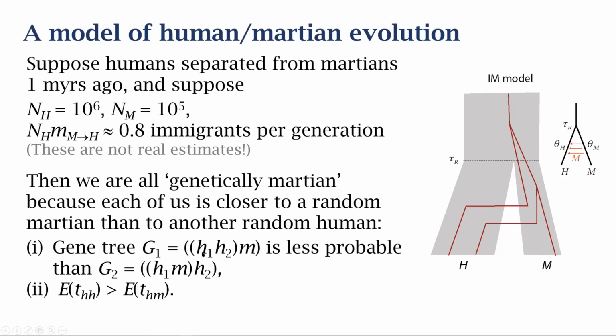We get this probability that I join with a Martian first has a higher probability than you and me joining together first. Or in terms of distance, the distance between two humans can actually be larger than between a human and a Martian. Okay, that's really exciting. You can go and read the paper and look at the argument.